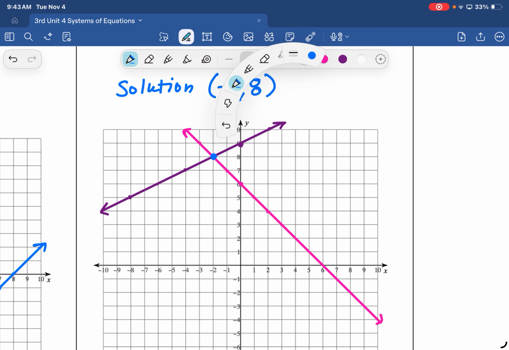What did we get as our solution? Negative 2, 8. And our graph should look about like that, okay?